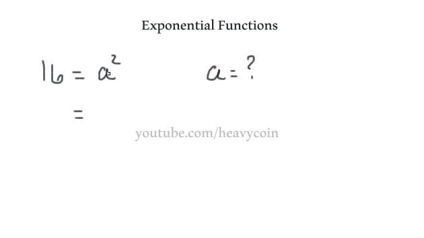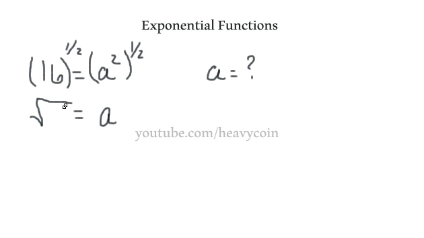One way you can do this is to raise both sides to the half power. And I know you're saying, wait a minute, that's not an exponential function, but eventually I'll be getting somewhere with all this. So 2 times a half is just 1, so this becomes a. And a raised to the half is the same thing as the square root of 16, which is 4. And so a would end up equaling 4.